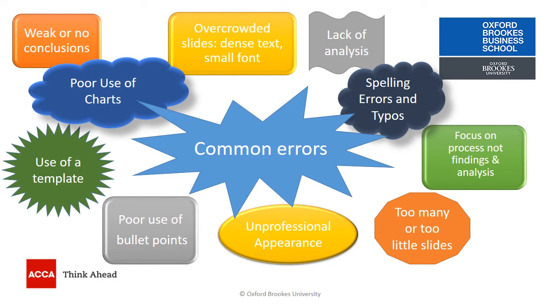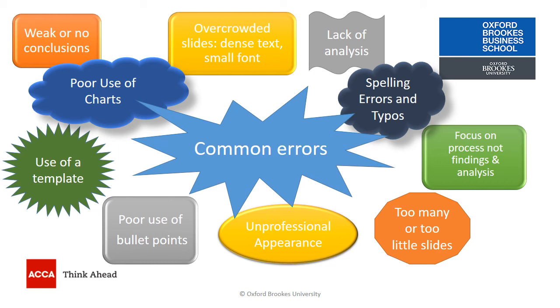On the other side, it's also important not to overuse bullet points. Bullet points are great as long as they're self-explanatory. If you have a bullet point which is only one or two words, it's not really giving us any indication that you understand what you're analysing. So a lack of analysis can also be a reason for failure.